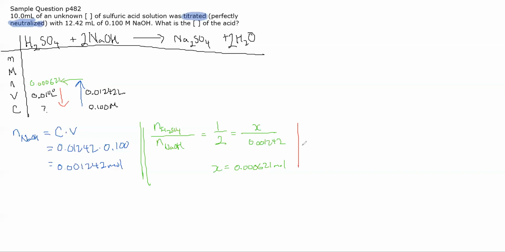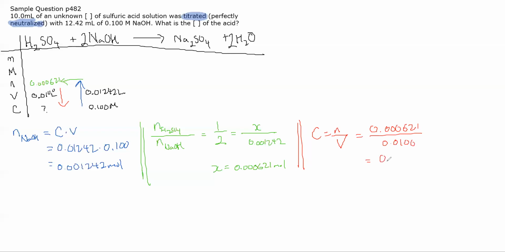Final step, that's going to be in red. I'm going to calculate that. If the number of moles is 0.000621, the volume is 0.0100, concentration being N over V is going to be 0.000621 divided by 0.0100.